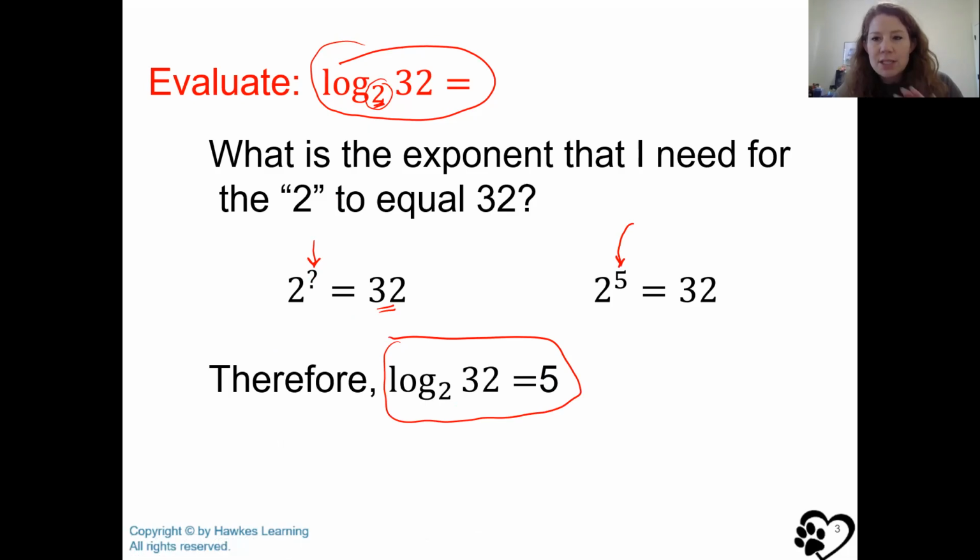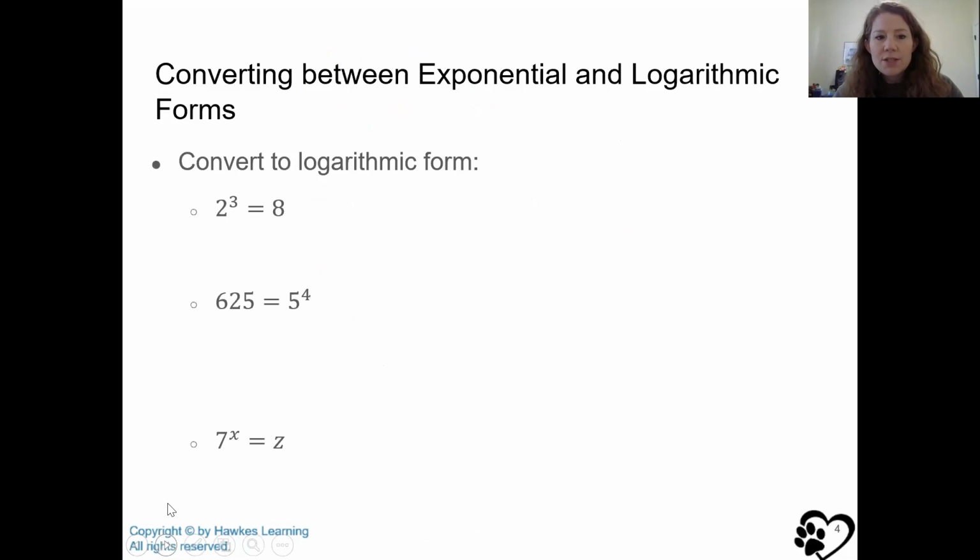So we can keep this in mind as we go from logarithmic form to exponential form and vice versa. So here's the first few problems we'll look at. This says 2 to the third power equals 8. Well, that's true. We're going to convert this to logarithmic form.